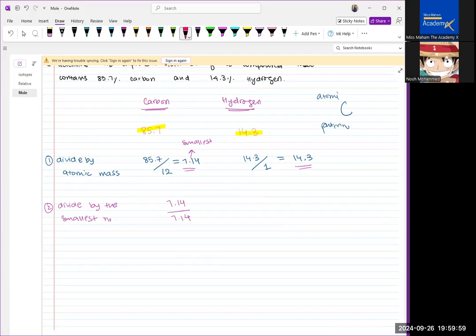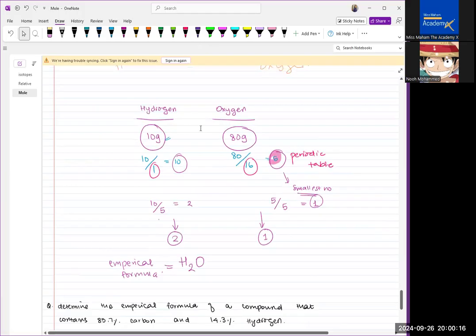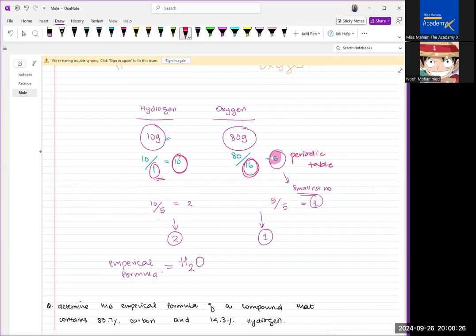What we've done is 85.7 divided by the atomic mass. Atomic mass is 12 for carbon, so we divided 85.7 by 12 to get 7.14. This is what we did in the last question: 10 divided by the atomic mass. We got two numbers and chose the smallest, 5, and then divided 10 by 5 and 5 by 5.